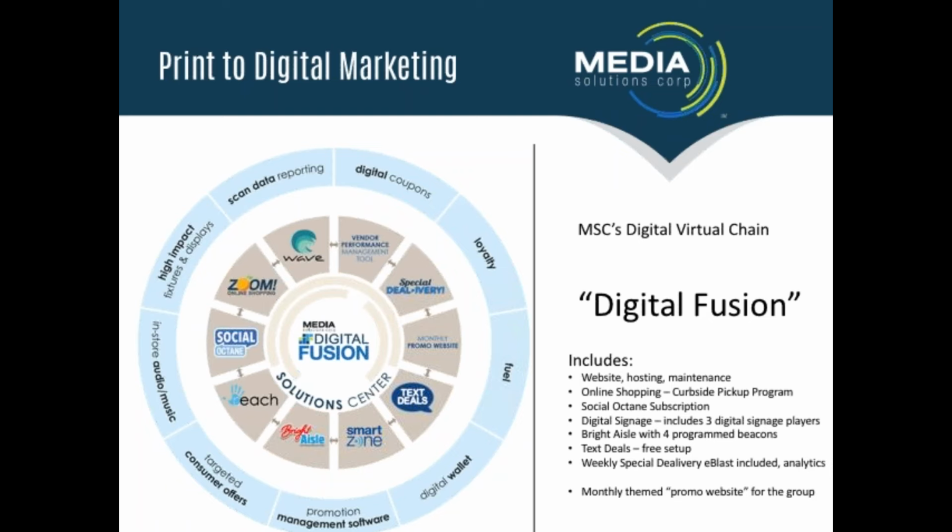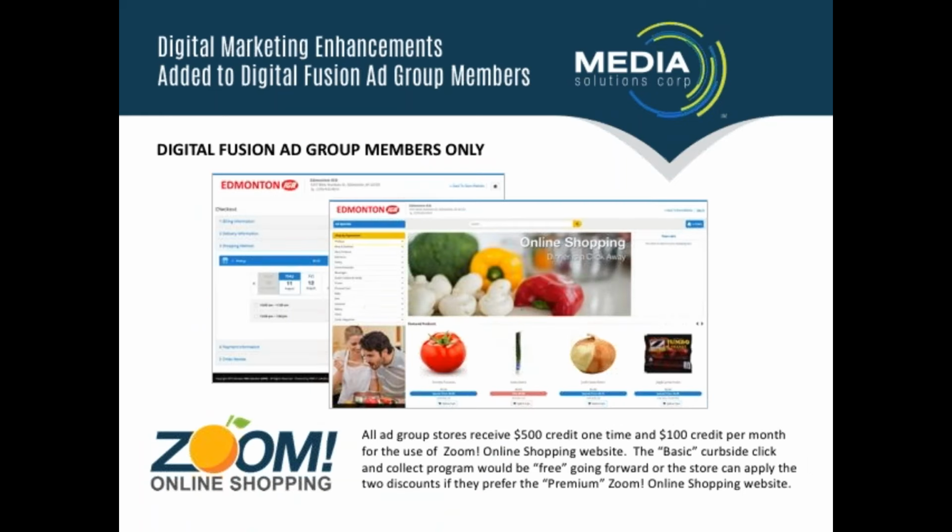And then also, as I mentioned earlier, a monthly themed promotional website is available to the group to promote special events, seasonal items, holidays. The purpose of the DVC is to touch more consumers who are currently not being touched by print, and to do it at a significantly lower cost than what stores are paying today.